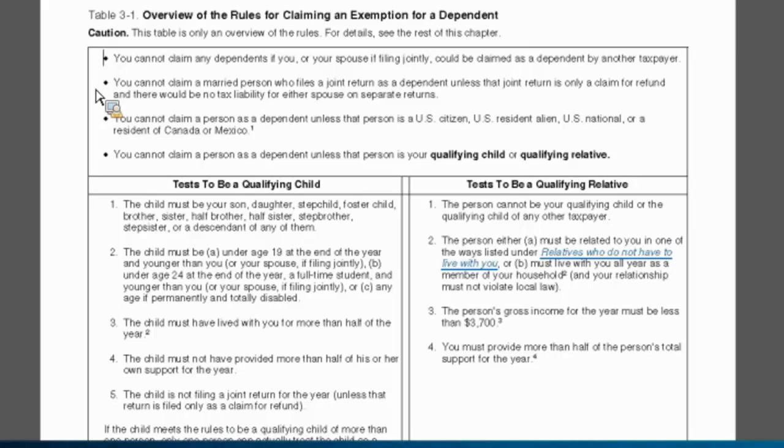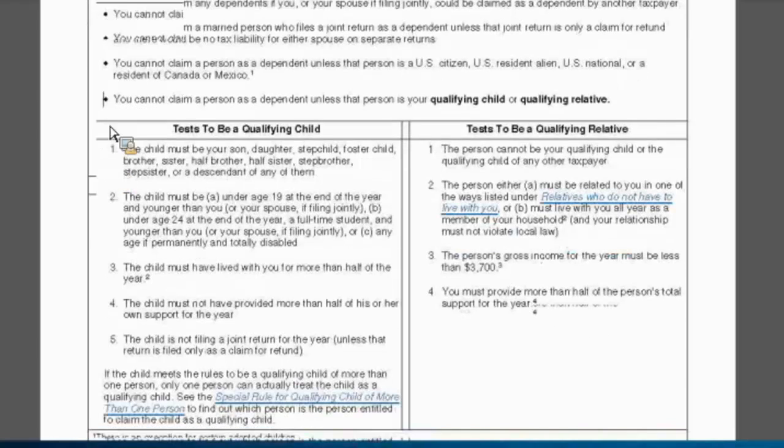You cannot claim a married person who files a joint return as a dependent unless that joint return is only a claim for a refund and there would be no tax liability for either spouse on separate returns. You cannot claim a person as a dependent unless that person is a U.S. citizen, U.S. resident, U.S. national, or a resident of Canada or Mexico. You cannot claim a person as a dependent unless that person is your qualifying child or qualifying relative, and then we go into the tables.